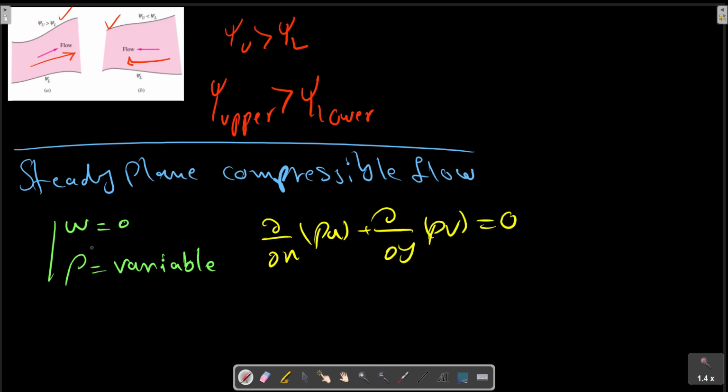we see that it is exactly the same form as the equation of continuity. Therefore, a compressible flow stream function can be defined by the relation rho u equals, and rho v equals.